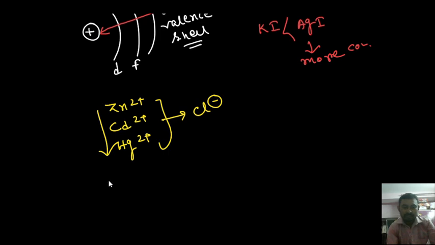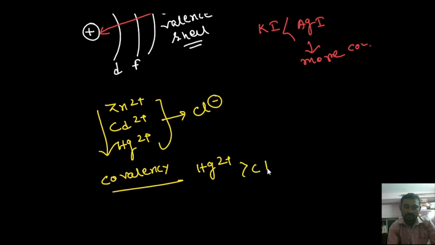So Hg2+ will polarize the anion more, meaning the covalency order will be Hg2+, then Cd2+, then Zn2+.